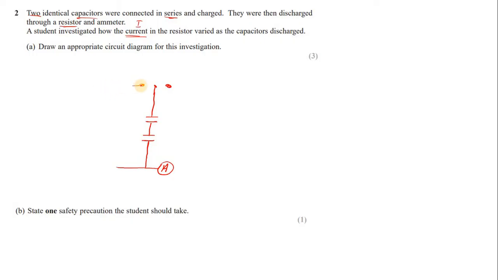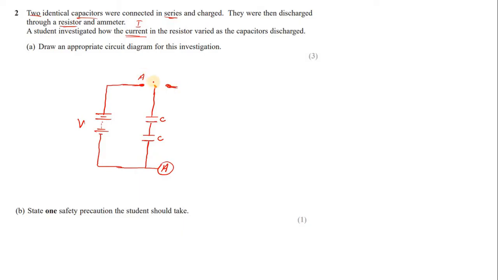The left side or the right side, it's up to you. Generally we take this. So this is your power supply, V, and C and C, or you can give some other symbol.